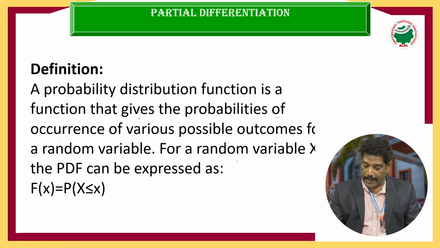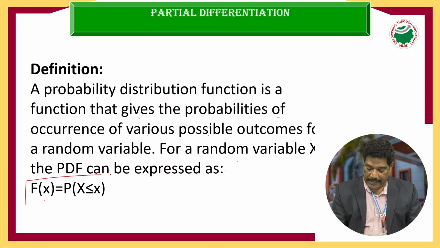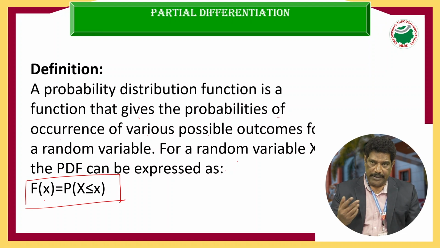For example, for a random variable capital X, the PDF can be expressed as capital F of x equals probability of capital X less than or equal to small x. This way we define the probability distribution function.